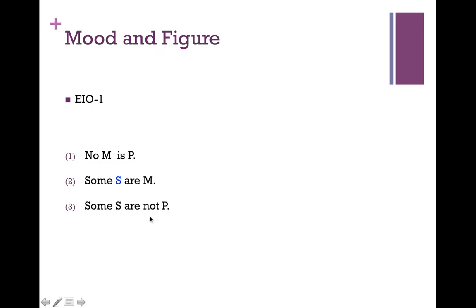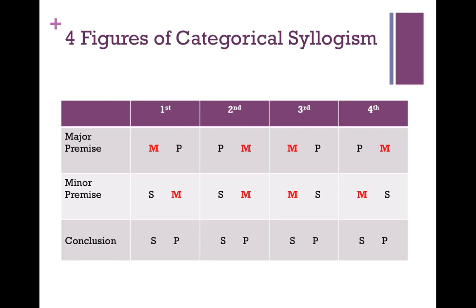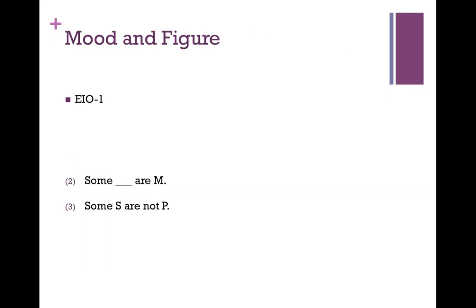Then the conclusion, you can write out fully, because the subject term always occurs first in the conclusion and the predicate second. Then you figure out the figure by looking at the chart. It's not that complicated. You figure out the middle term, and then you stick the P and whatever the other one is in the first premise, and the S and whatever the other one is in the second premise, wherever the middle term isn't.